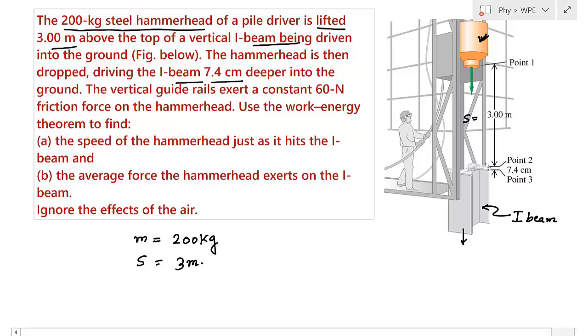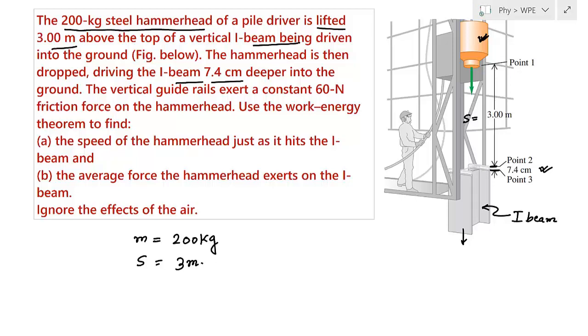This is the initial position of the I-beam, and when the hammer falls on it, it goes into the ground by 7.4 centimeter. So point 2 is the initial situation and point 3 is the final situation when the hammerhead has fallen.